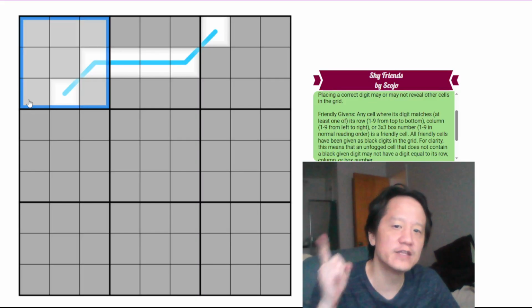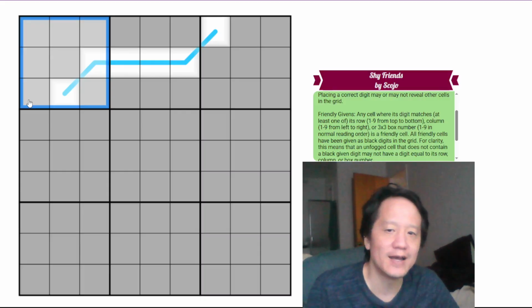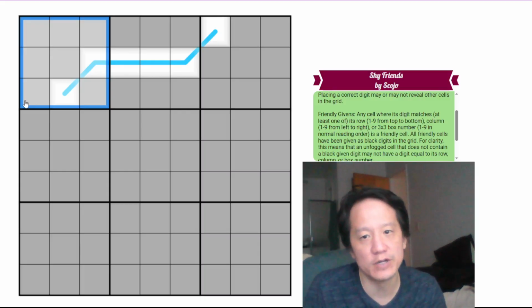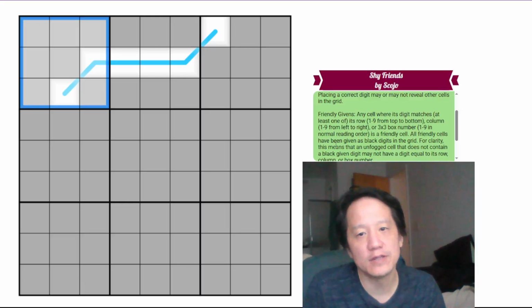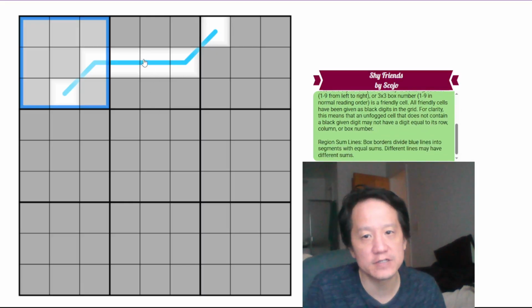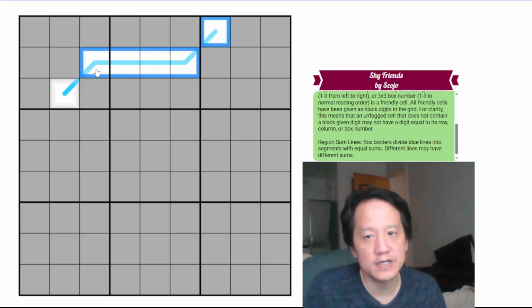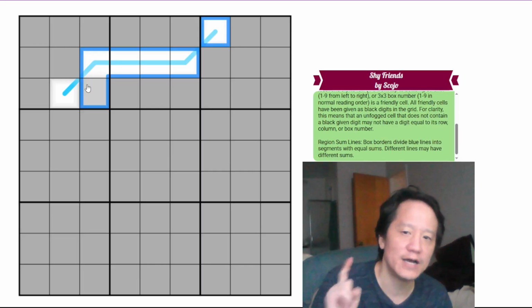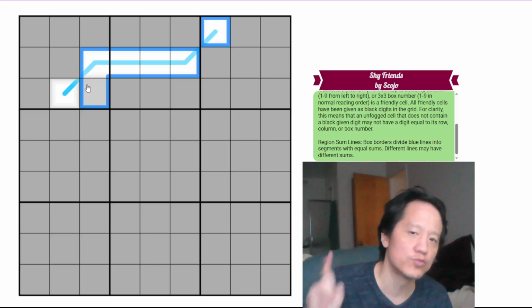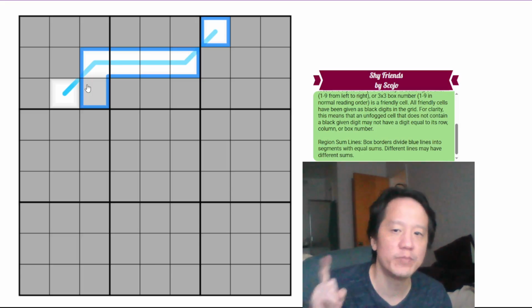All friendly cells have been given as black digits in the grid. For clarity, that means that an unfogged cell that does not contain a black given digit may not have a digit equal to its row, column, or box number.